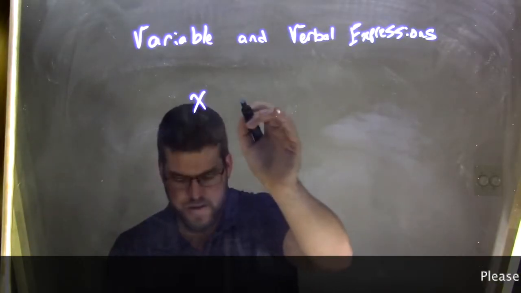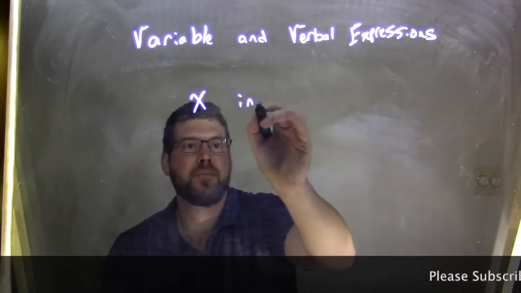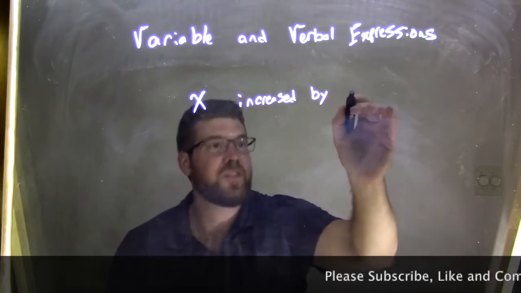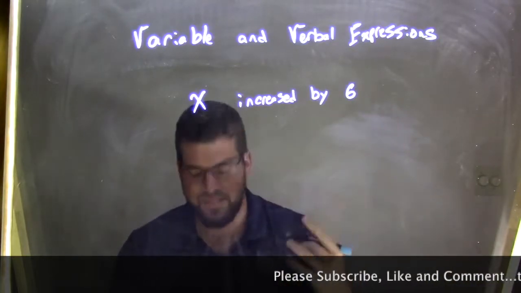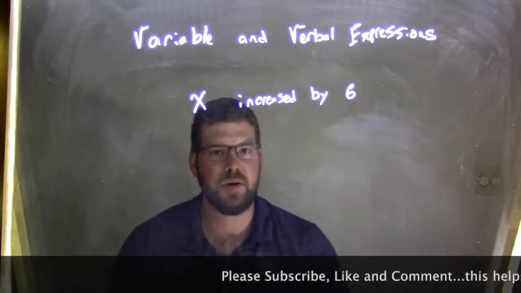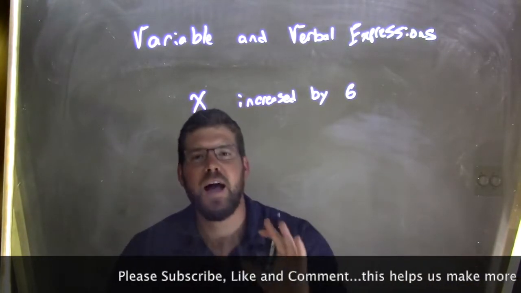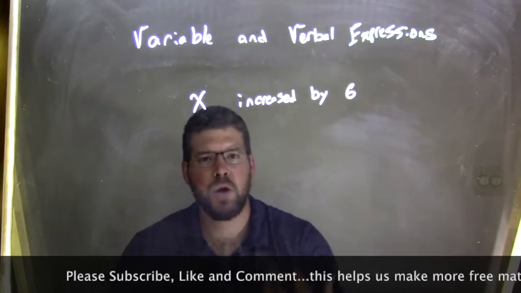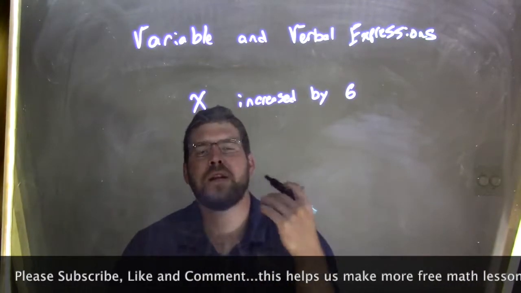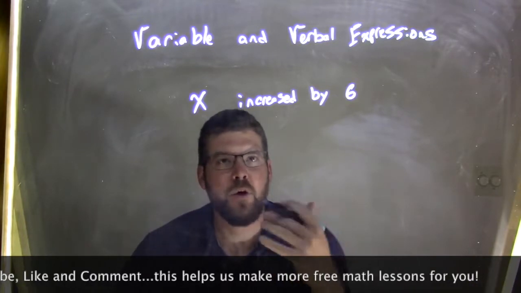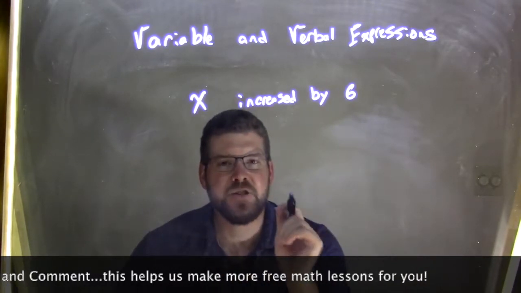x increased by 6. So x is increased by 6. When I'm thinking about increasing, I think about something going up, getting larger. So which symbol goes with increasing or increased? I'm thinking addition.